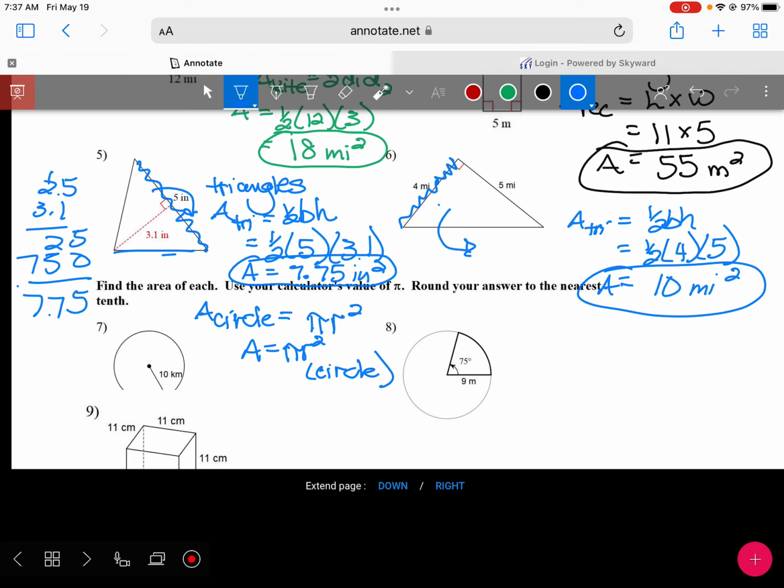Oh, okay. So area of a circle, pi r squared. So area is pi times, what's my radius? It is 10. 10 squared is going to be 100 pi, and 100 times pi is 314.15 kilometers squared.